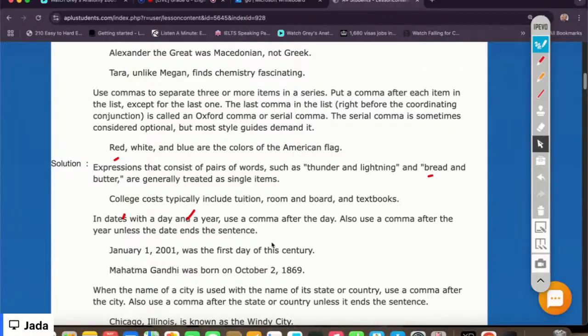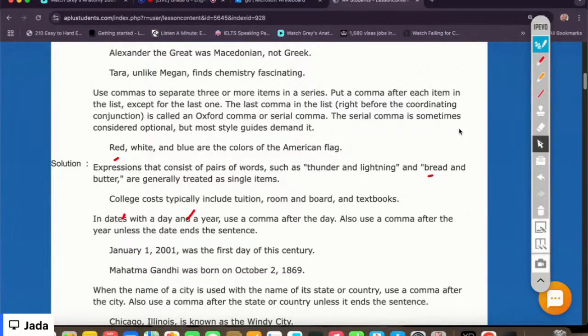All right. So you use commas to separate three or more items in a series. Put a comma after each item in the list except for the last one. So if you have a series, you have to put a comma in between all the series to separate them except the last one. The last comma in the list right before the coordinating conjunction is called an Oxford comma or serial comma.